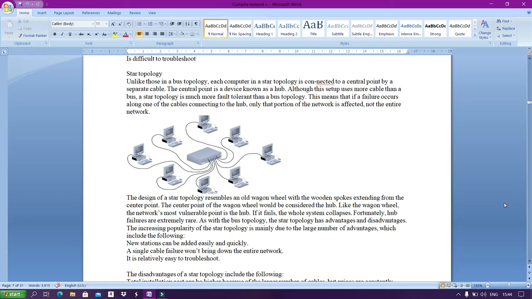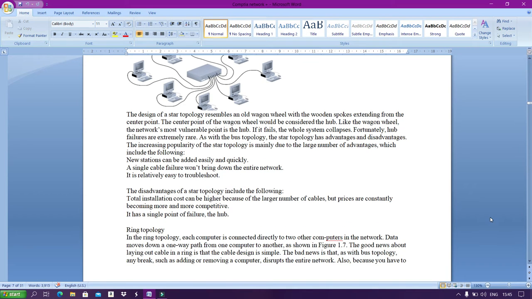As with the bus topology, the star topology has advantages and disadvantages. The increasing popularity of the star topology is mainly due to the large number of advantages, which include the following. New stations can be added easily and quickly. A single failure won't bring down the entire network. It's relatively easy to troubleshoot.